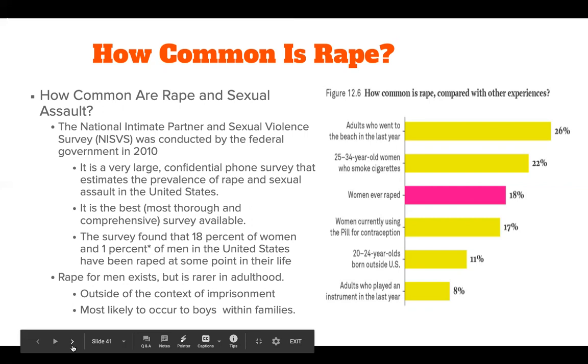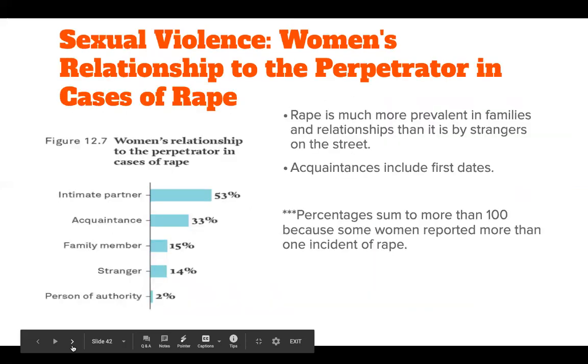sexually violated. But for women who are raped, that 18%, once again, in their case as well, these are usually people they know, whether it's an intimate partner or a former intimate partner, whether it's with an acquaintance like a fellow student or someone that they go on a date with, or a family member.